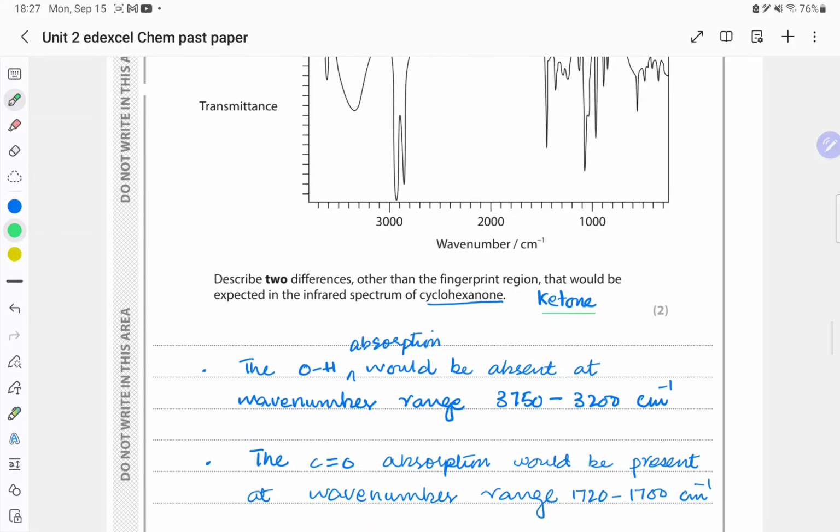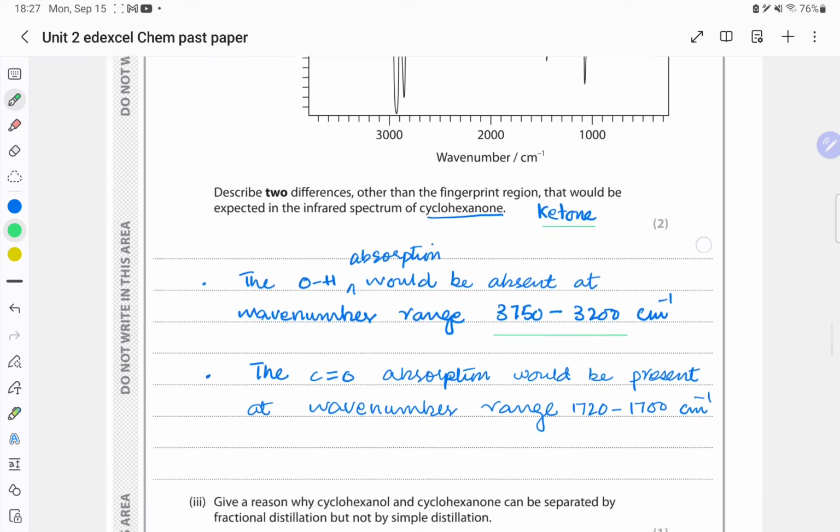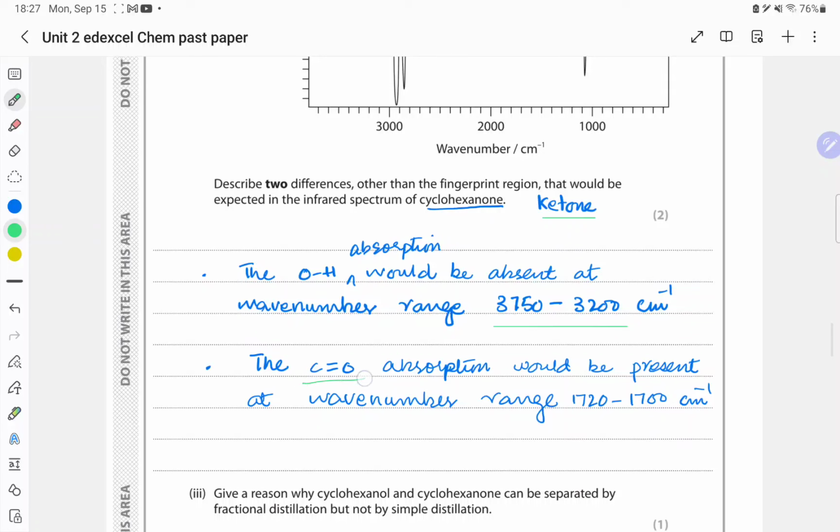And what you're going to say is that if it is an alcohol, then the OH absorption would be present at the wave number range of 3750. In the ketone you cannot find any absorption at this range, but because it's a ketone, the absorption would be present at the wave number 1720 to 1700 per centimeter.